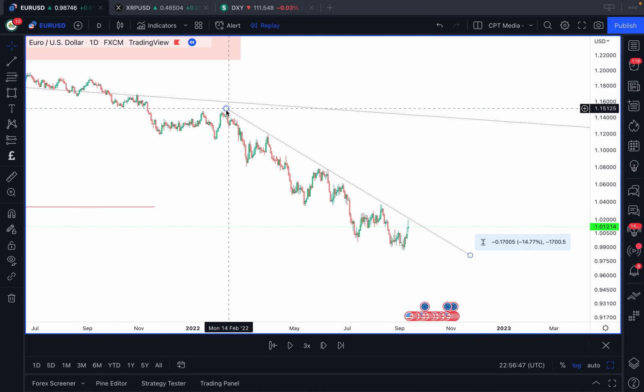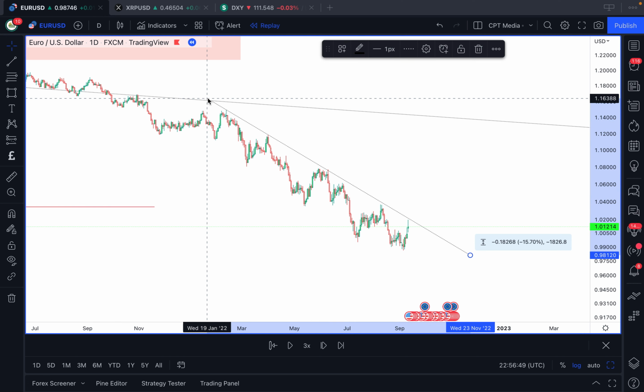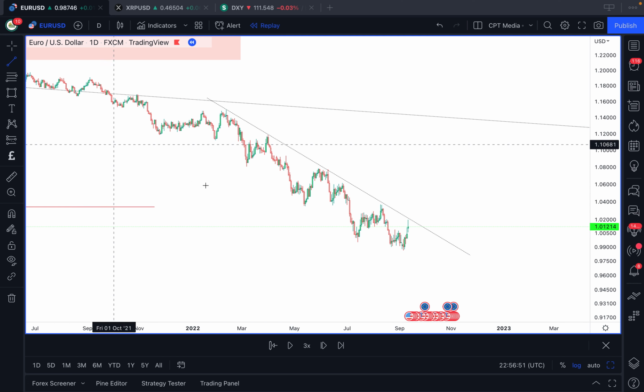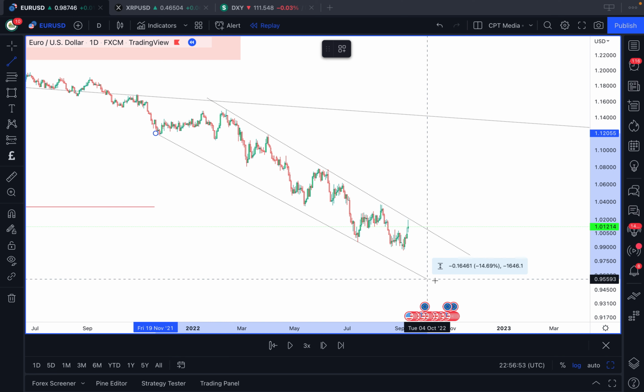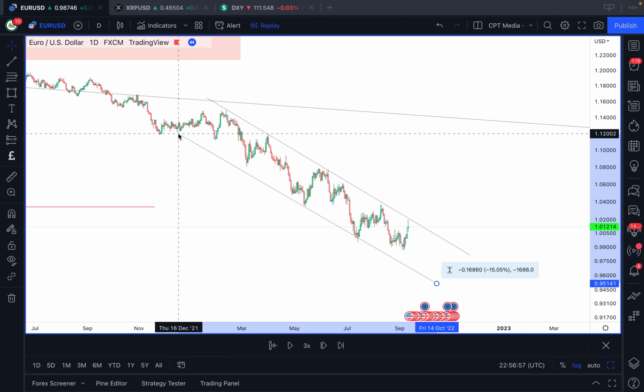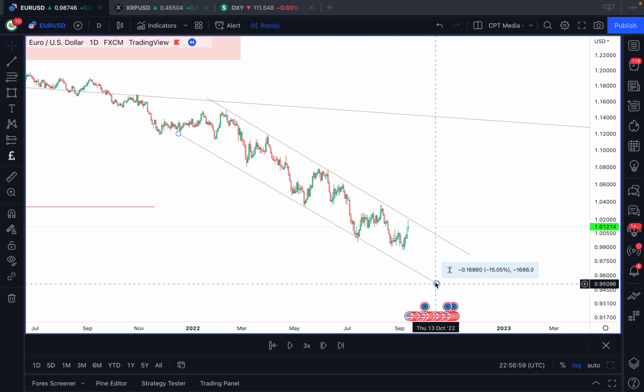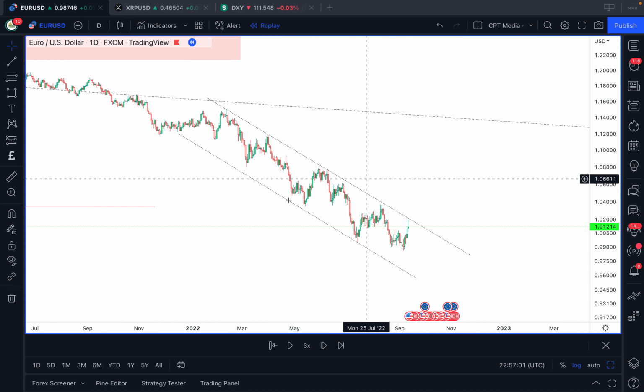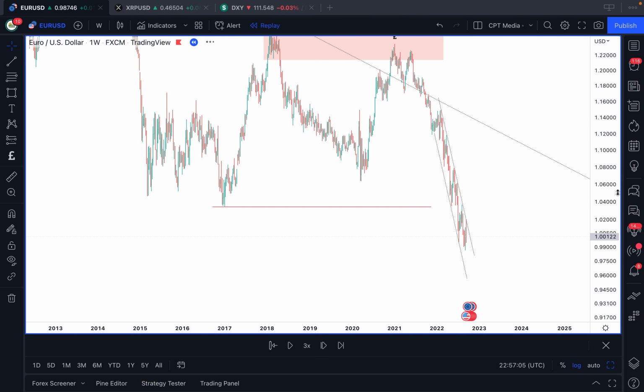We see this sort of bearish trend on the weekly time frame. We have this very simple channel where price is reacting from. If I just put it something like this, we see this very simple channel on the daily. Now if I go back on the weekly, we understand what price is doing.